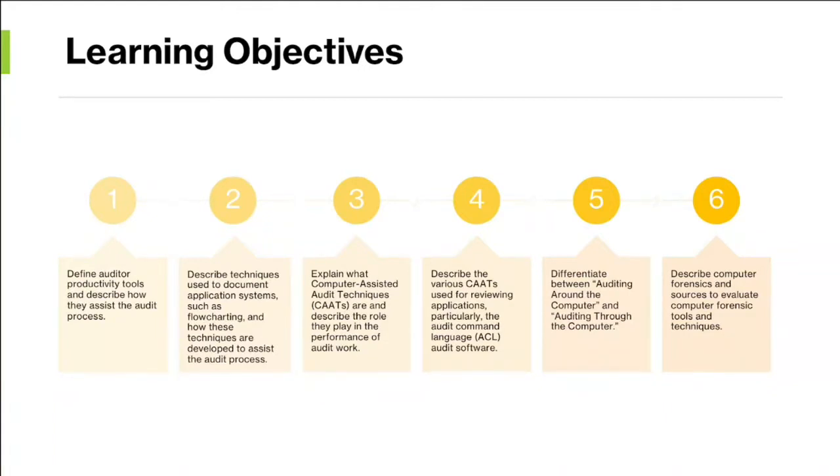Describe the various CAATs used in reviewing applications, particularly the audit command language or ACL audit software. Number 5, differentiate between auditing around the computer and auditing through the computer. And 6, describe computer forensics and sources to evaluate computer forensic tools and techniques.